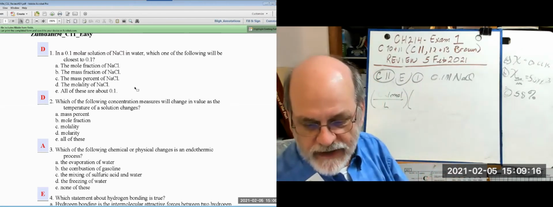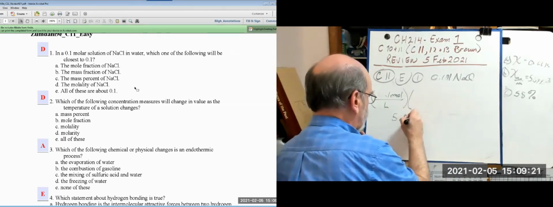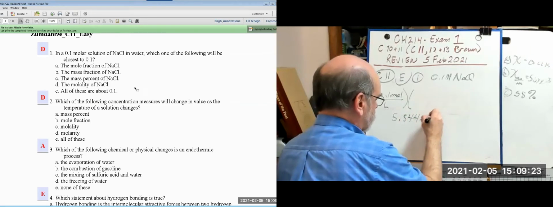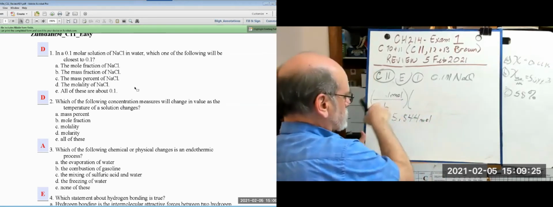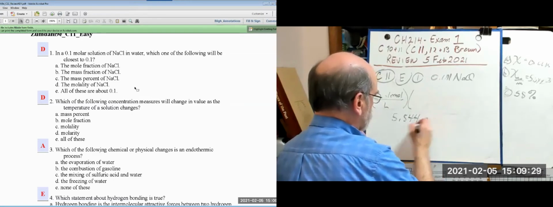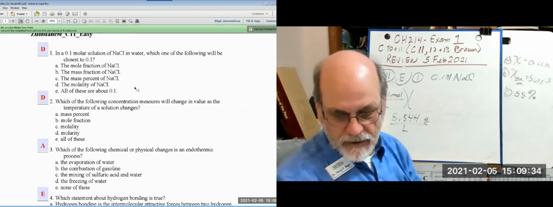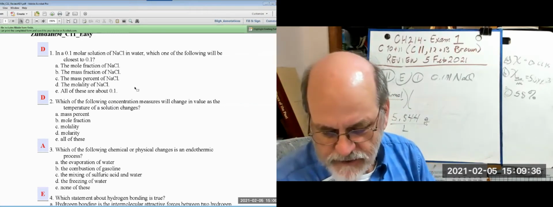So that'd be 5.844 grams per liter. Okay, so what's the mass?